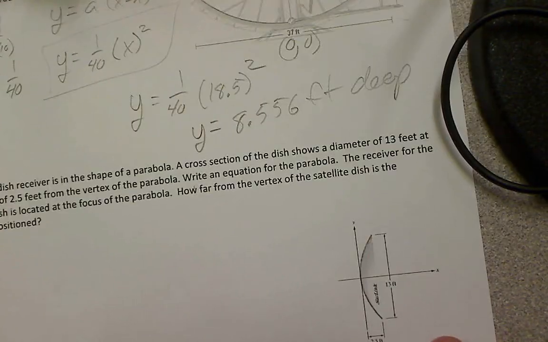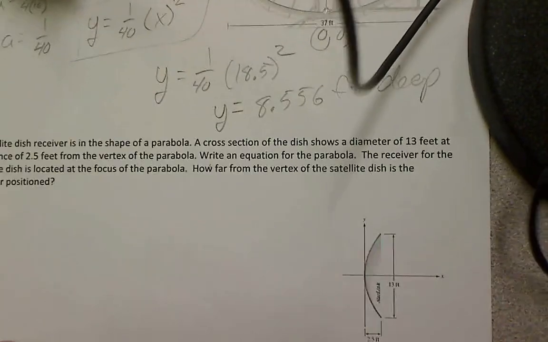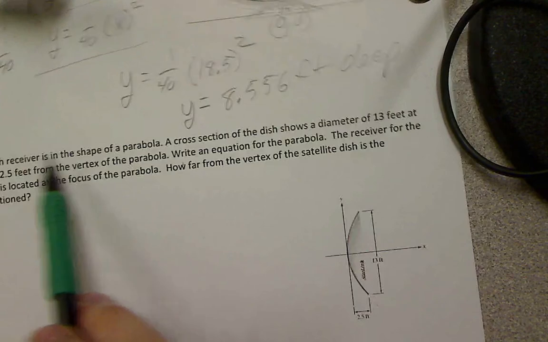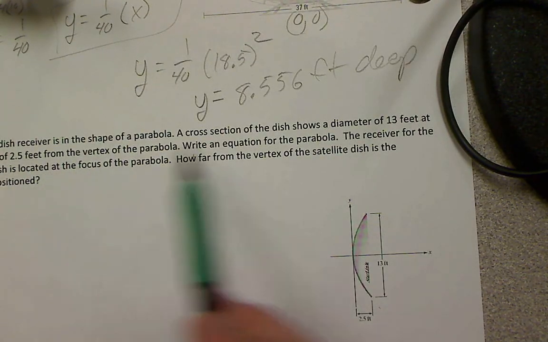Okay. Another piece here. Some dimensions, 13 feet across like this. I'm going to read through it, just kind of see what it says. Distance of 2.5 from the vertex.